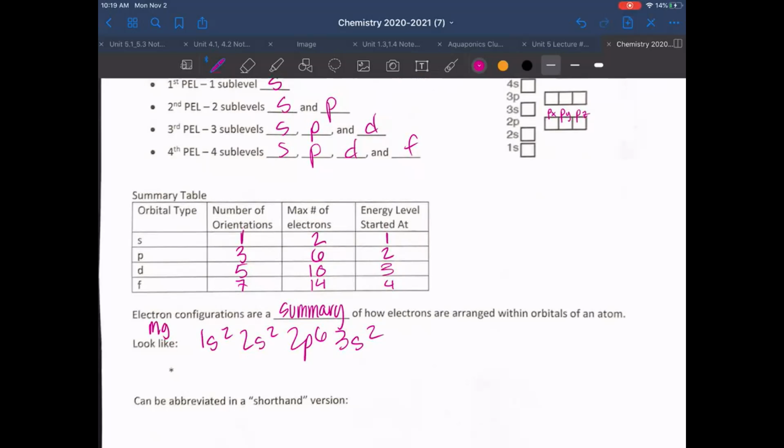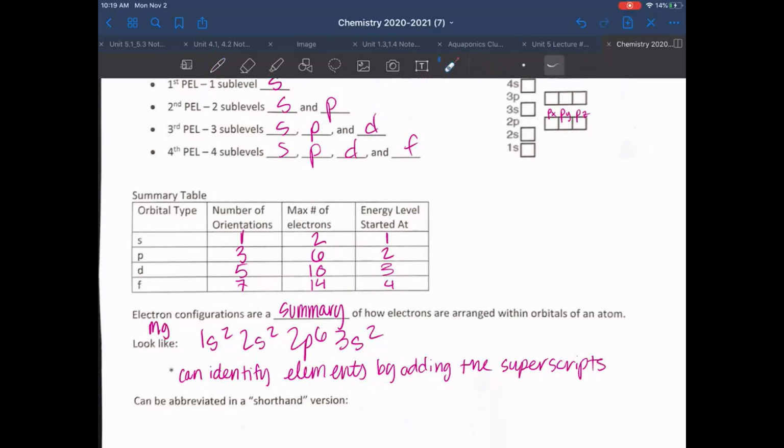What's really cool about this is that you can identify elements by adding the superscripts. What I mean by that is if we add up 2 plus 2 plus 6 plus 2, that equals 12. Well, if we have 12 electrons, our atomic number is 12. Which element has the atomic number 12? Magnesium. So we're actually able to identify the element just by adding the total number of electrons.